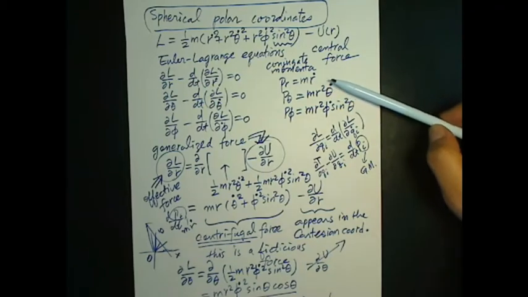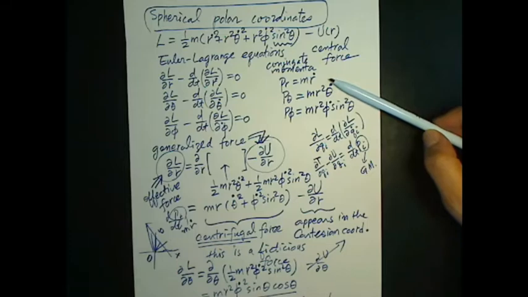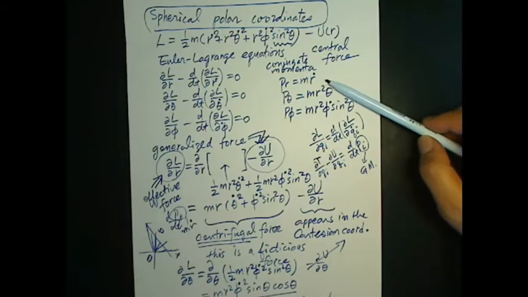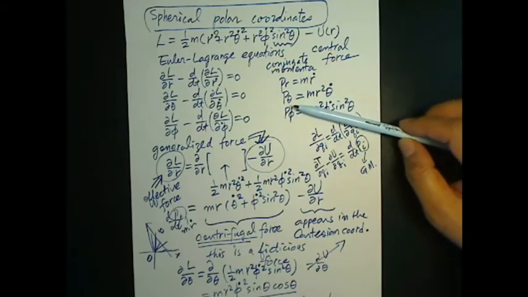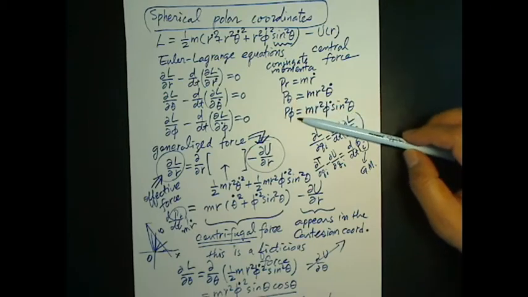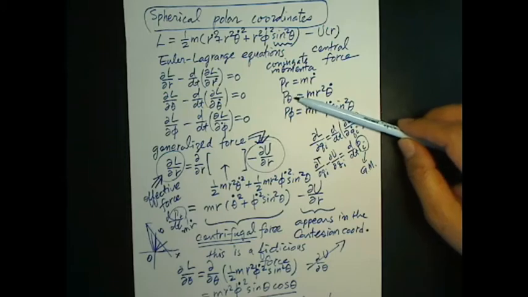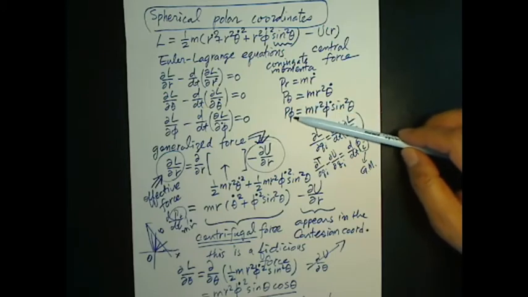If the scale factor is 1, just like the case of the radius coordinate, this generalized momentum must be the linear momentum. If the generalized momentum represents the angle, the generalized momenta p theta and p phi are both angular momentum.